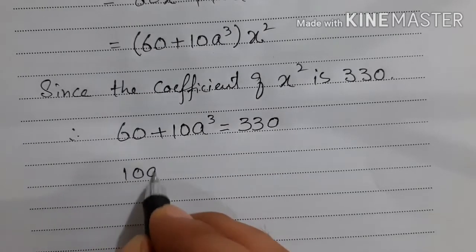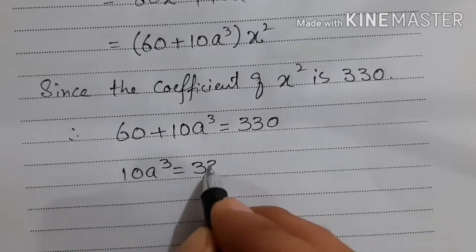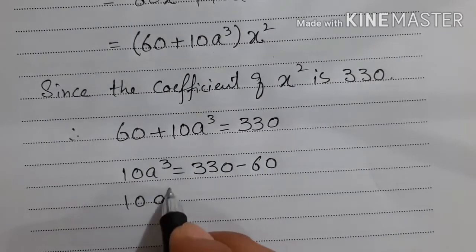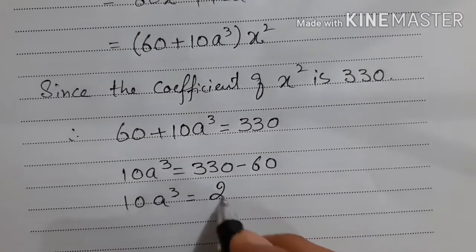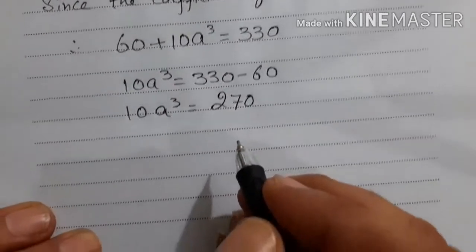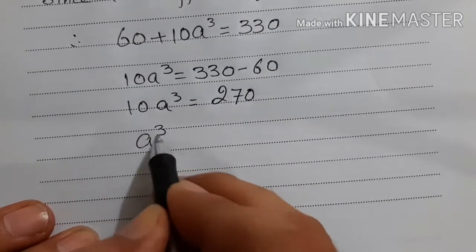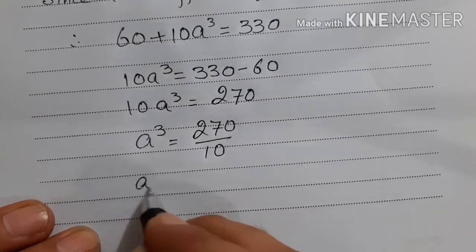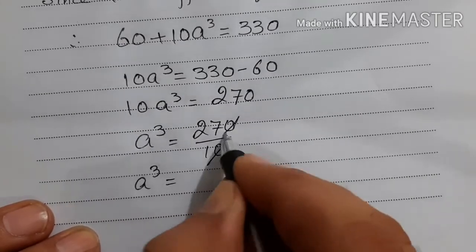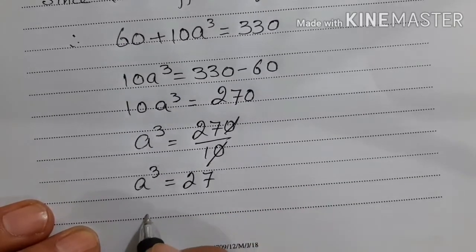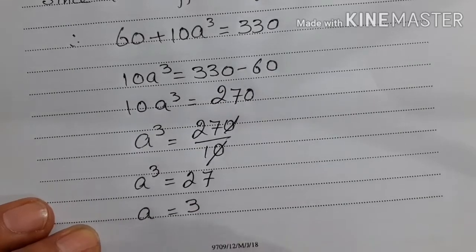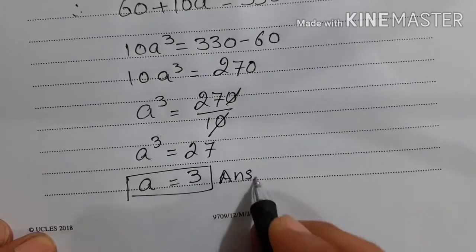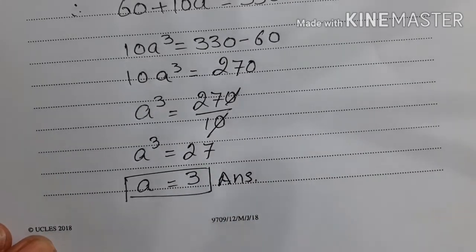So 10a^3 is equal to 330 minus 60. 10a^3 is equal to 270. a^3 is equal to 270 over 10. So a^3 is equal to 27. This means a is equal to 3. This is the value of it. This is the answer of question number 1.